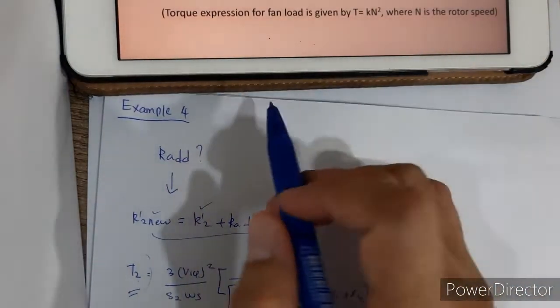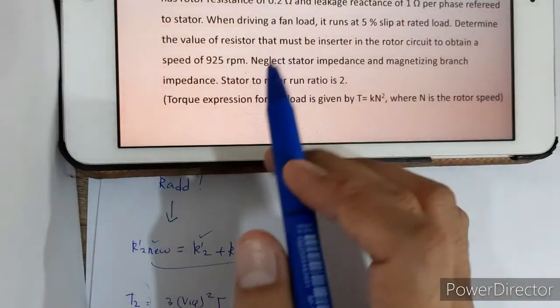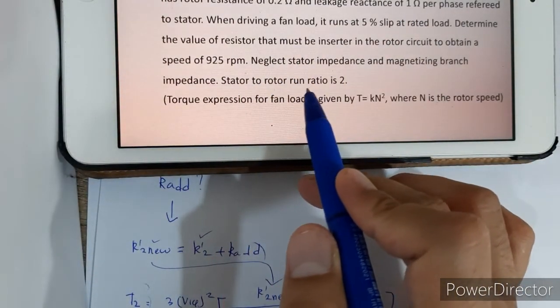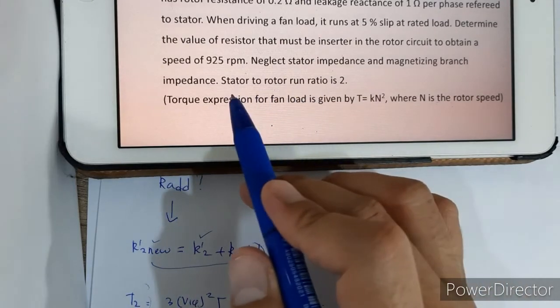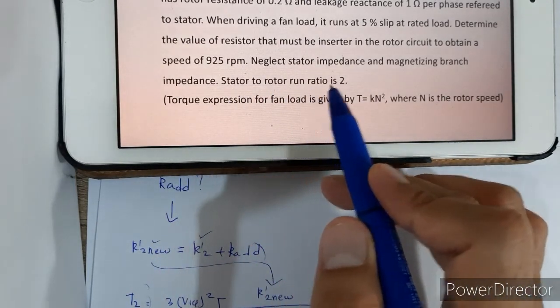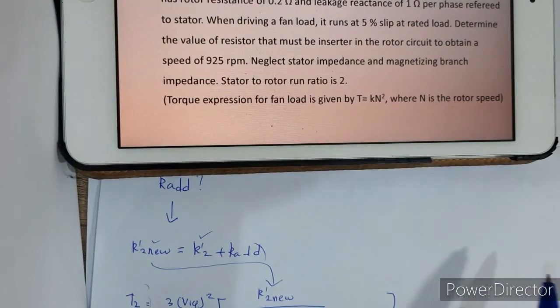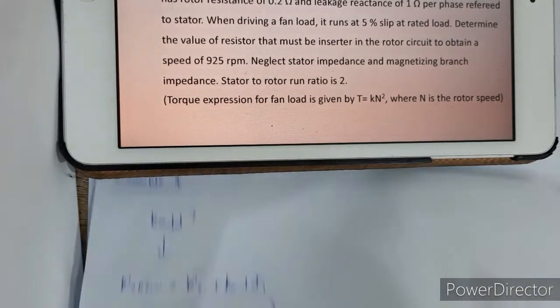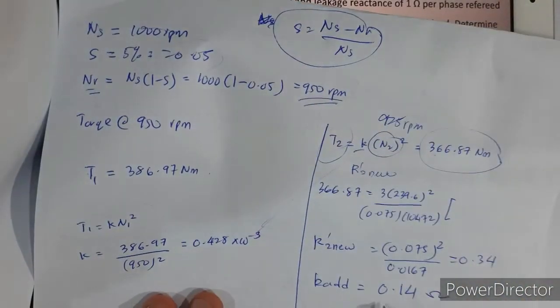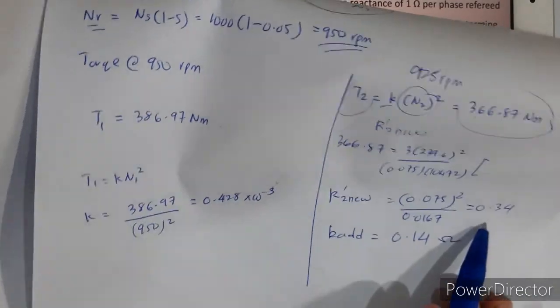So that's why in this question, the stator to rotor turn ratio is given as 2. So you have to bring the R at, which is at the stator side, to the rotor.